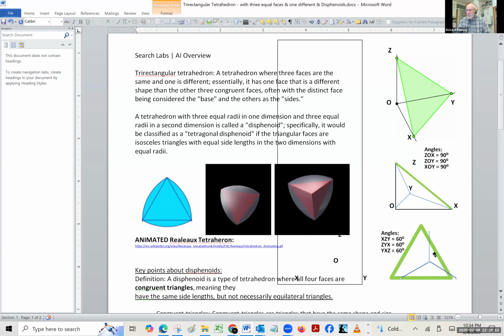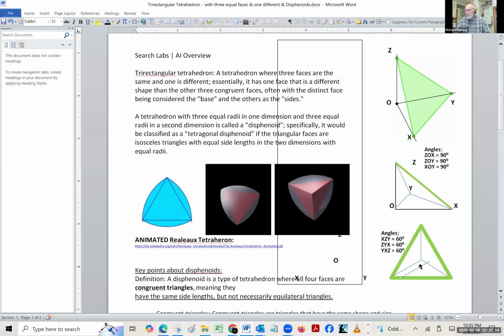a tri-rectangular tetrahedron, or you can get, what's the word I want?